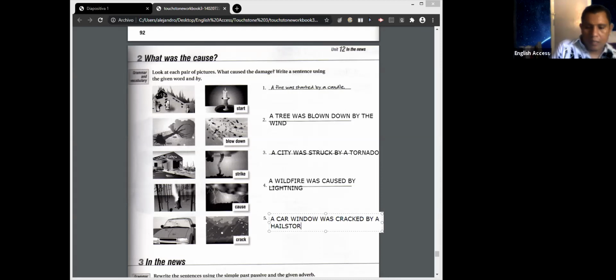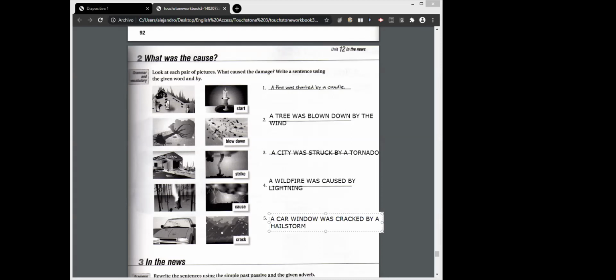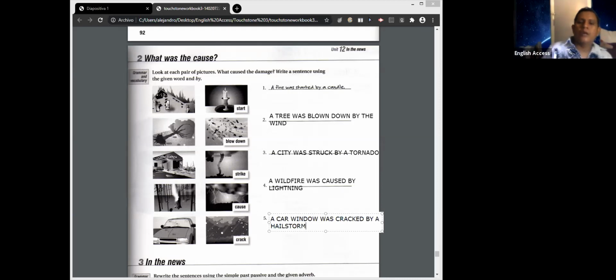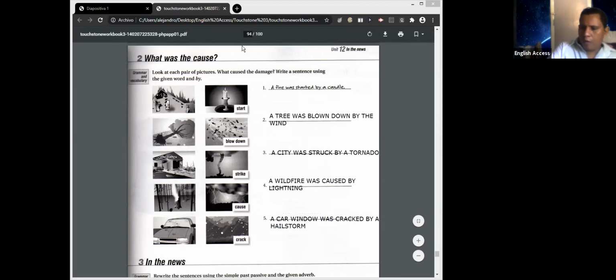Yeah, the verb is cracked by a hailstorm. Very good. Excellent, you guys. As you can see, we have a lot of passive voice here. Was blown, was struck, was caused, was cracked. All right, guys. So it's okay?